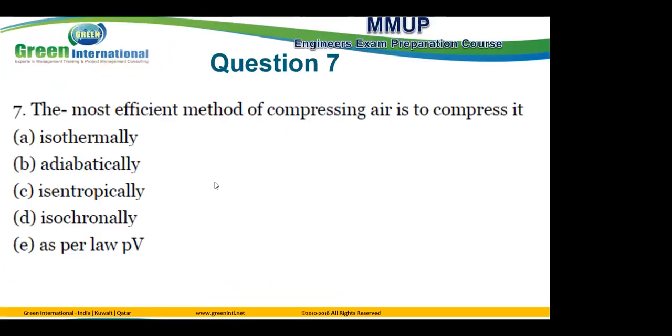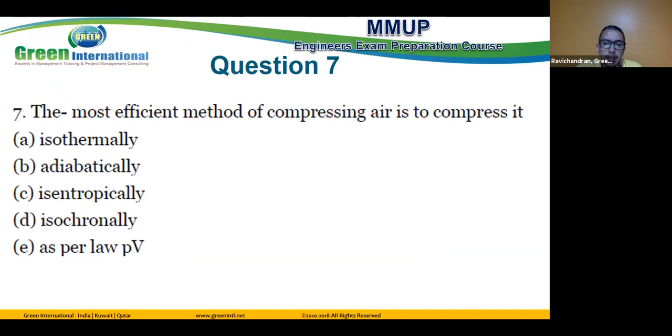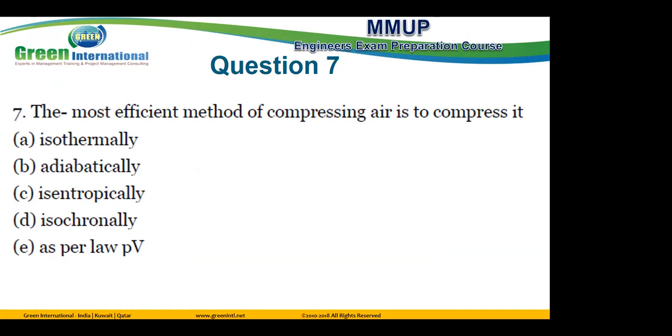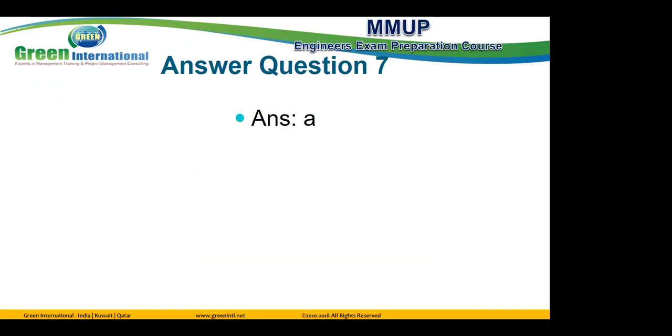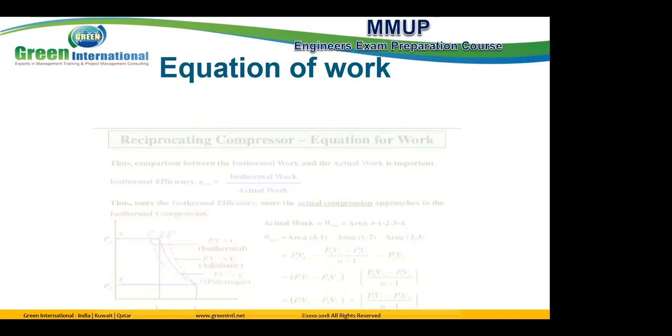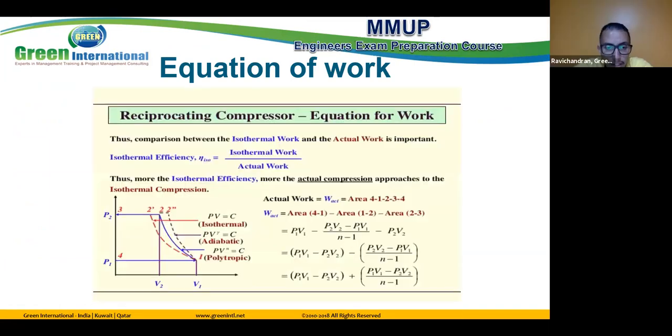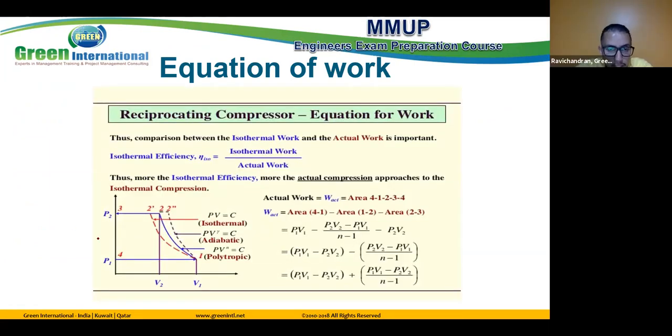Okay. The most efficient method for compressing air is to compress it isothermally. Correct. Here you can check with me. If you compress isothermally, this is the minimum work consumed, which is PV equal constant.